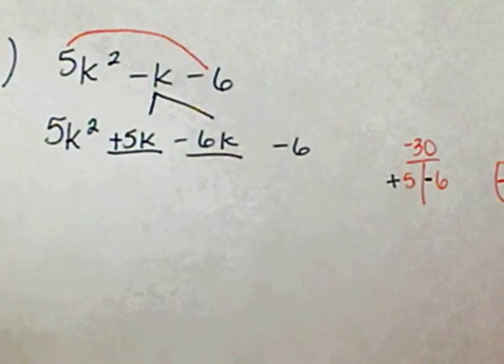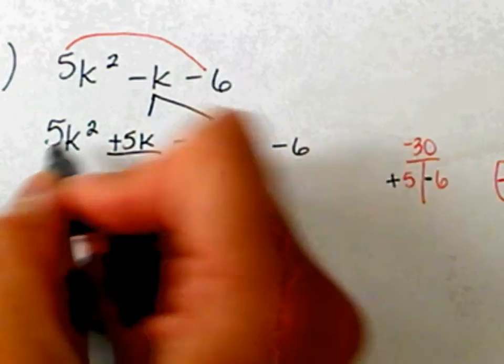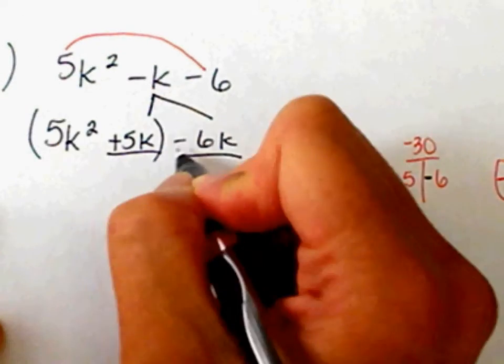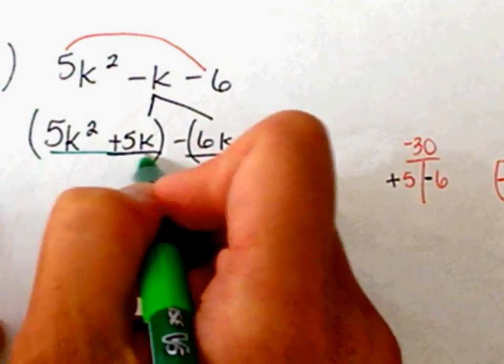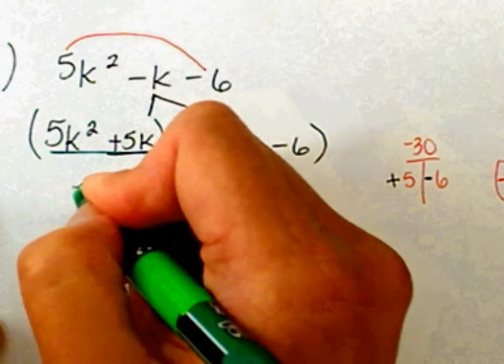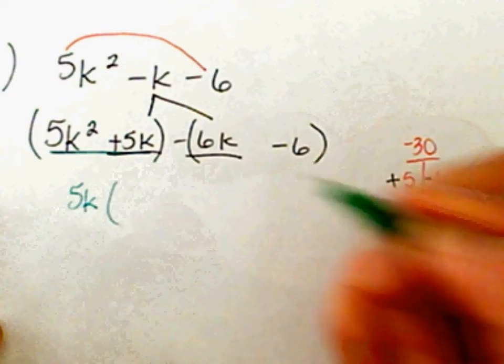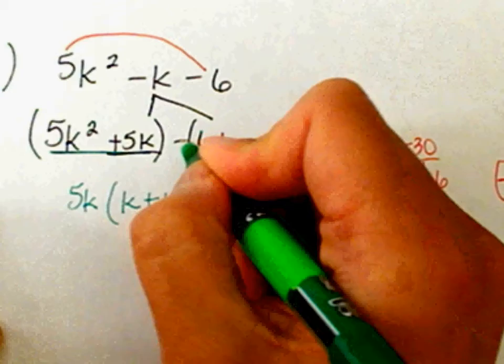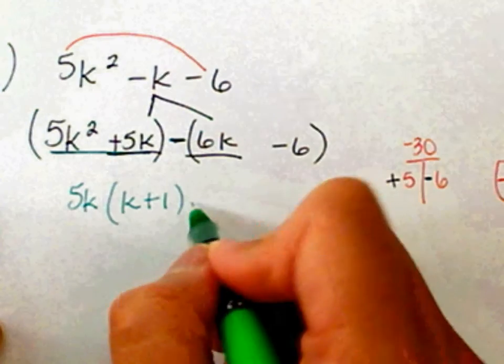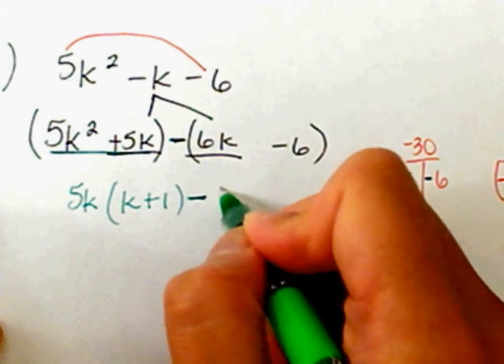Group the first two, group the last two. What do these two have in common? 5k. When you factor out 5k, what do you have? k plus 1. Keep this sign. Minus. What do these two have in common? A 6. When you factor out a negative 6, what do you have? k.